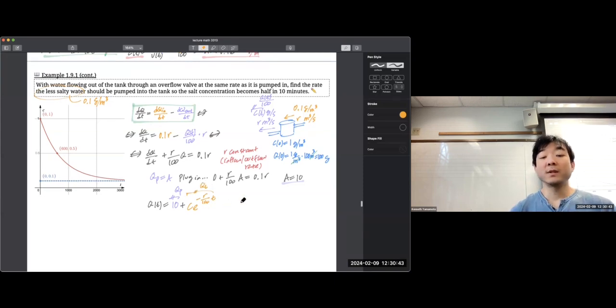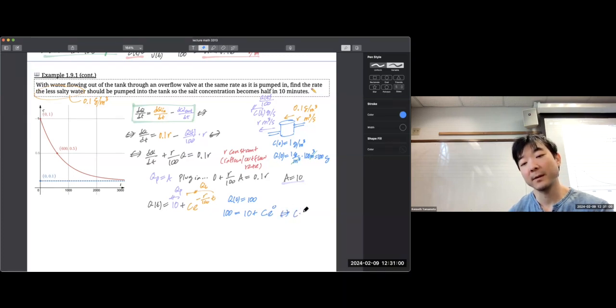Okay, and we still have the same initial condition. At the start, the tank has 100 grams of salt. So you can plug that in and get 100 is equal to 10 plus C times e to the 0, because you're just plugging in 0 for t. So C still is 90.